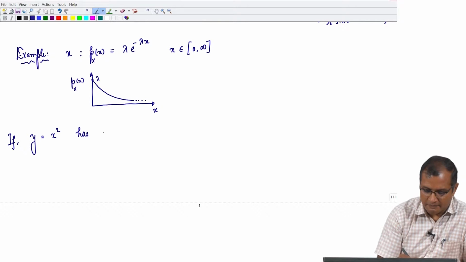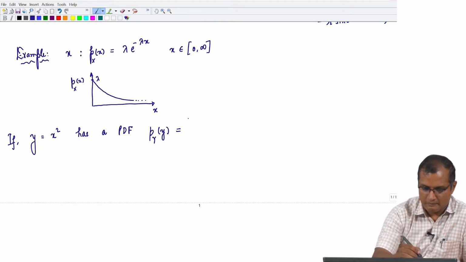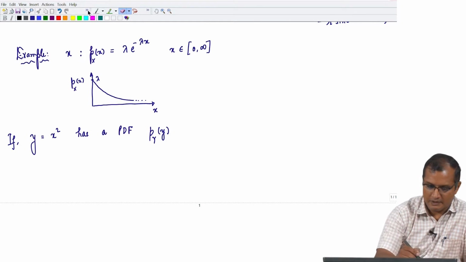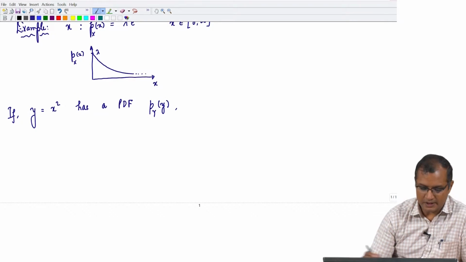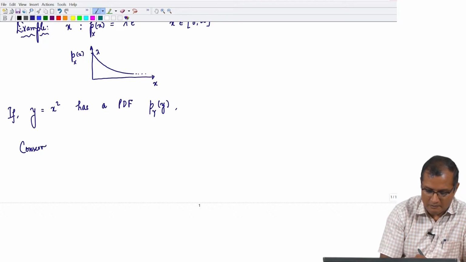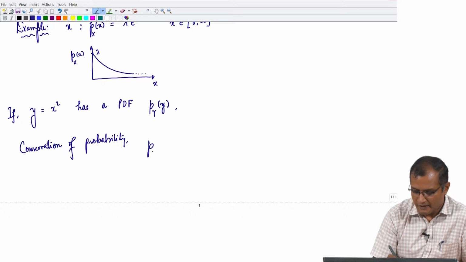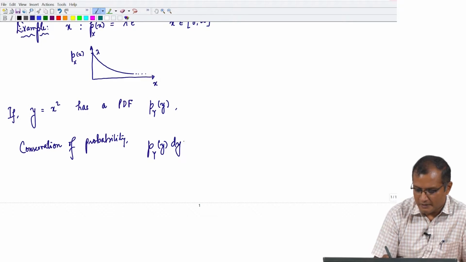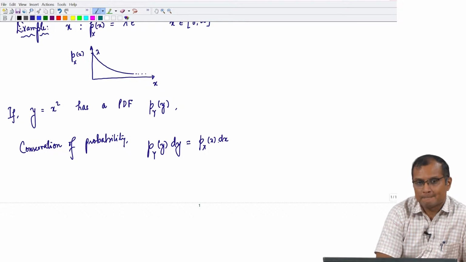We will say that if y has a PDF P of y, then I can simply say that by conservation of probability, P of y dy is equal to P of x dx.